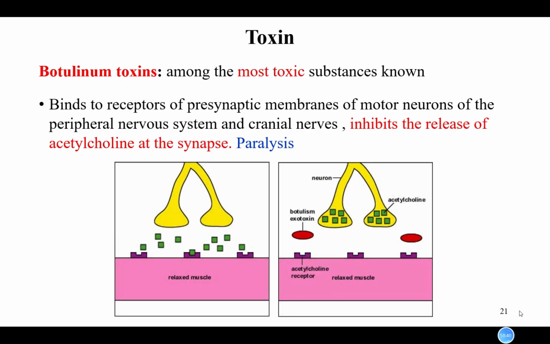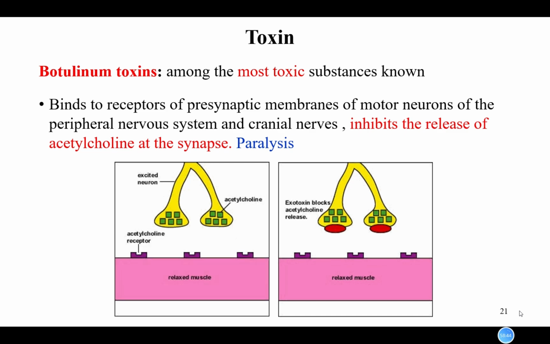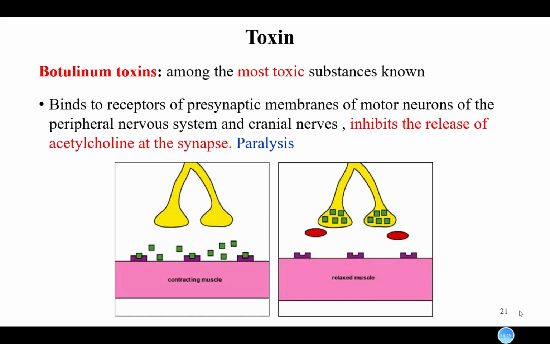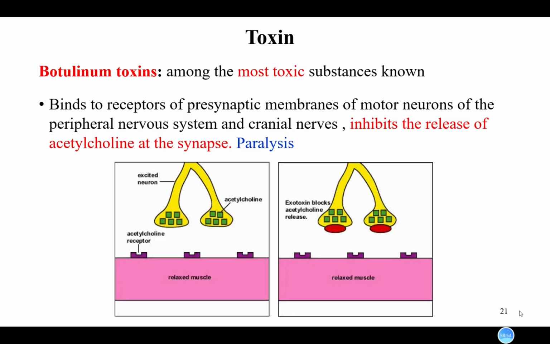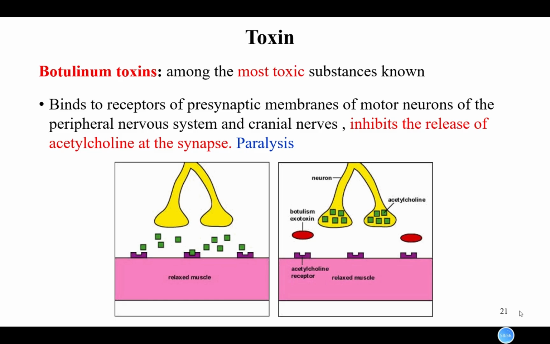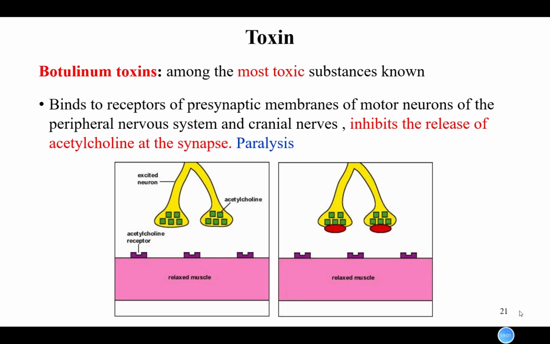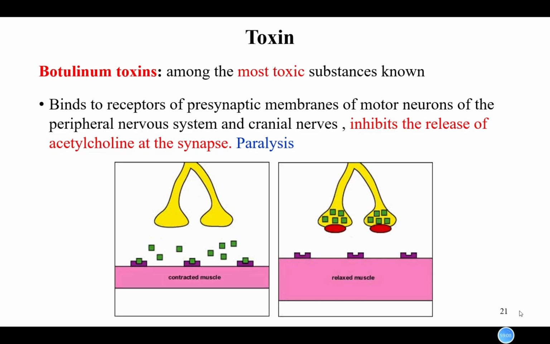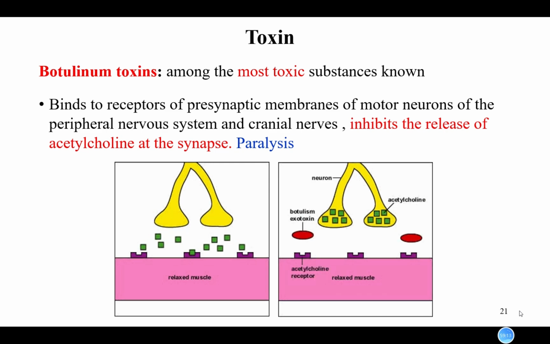But this neurotoxin functions in a different way than the tetanus toxin. Let me show you. This is the normal condition we introduced just now. The motor neuron releases acetylcholine to induce the muscle cell contraction. But the botulinum toxin, the red one, can block the release of acetylcholine.